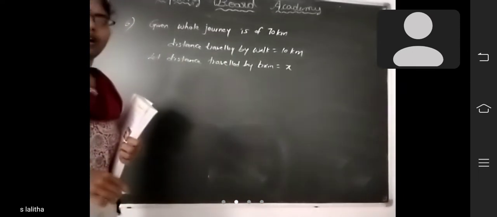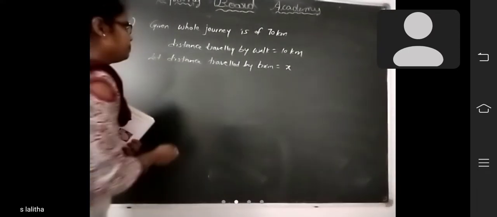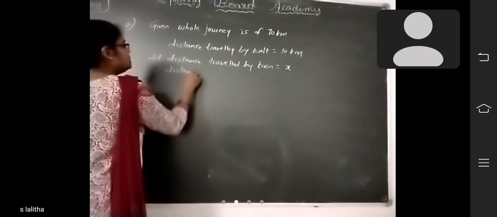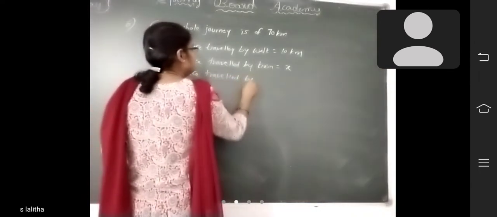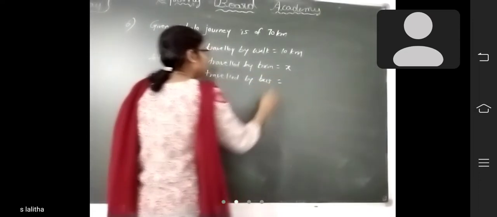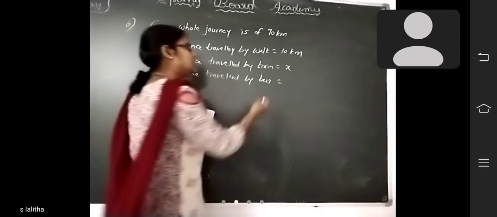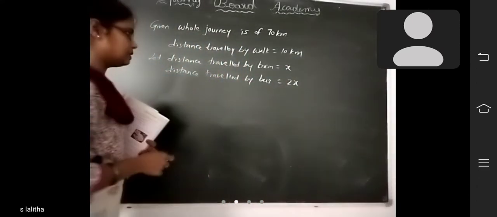We don't know how much distance he traveled by train, that's why we are taking x. And the distance traveled by bus is given as twice the train. Twice by the train means 2 times x, 2x.